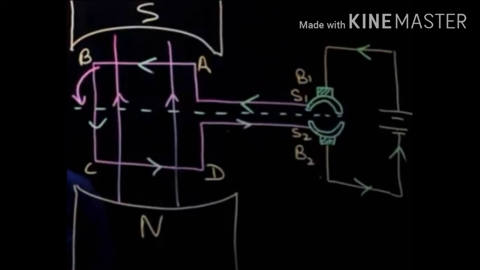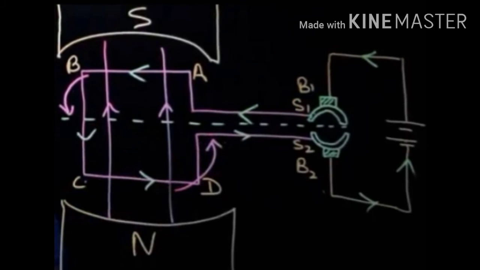Here in AB the direction of force is downward, so it moves this way. Similarly, for the lower plate CD, if you do the same, CD will move upward. Just look at the arrow going like this. That means it rotates anti-clockwise.